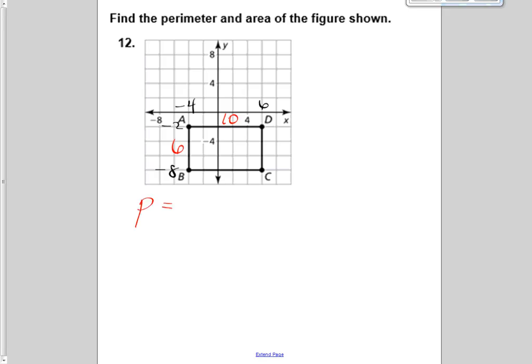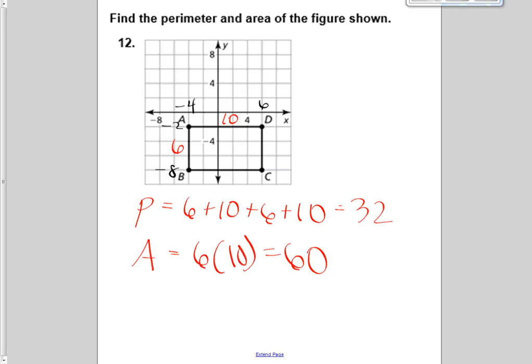The perimeter is going to be 6 plus 10 plus 6 plus 10 is 22. No, 32, sorry. And then the area is going to be 6 times 10 is 60.